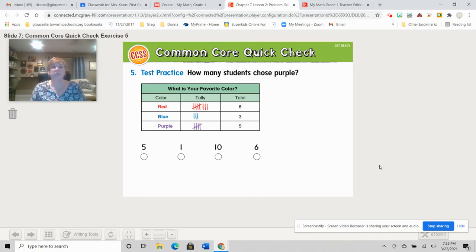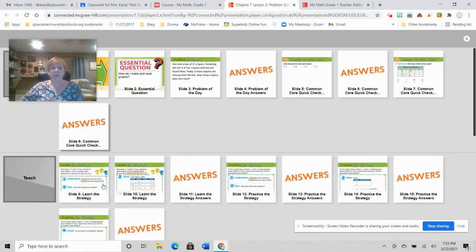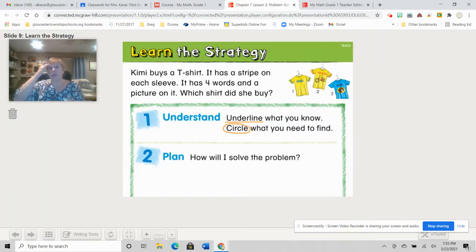And the practice here says, how many students chose purple? Pause and solve and choose your answer. And 5 people chose purple. Okay, good job.